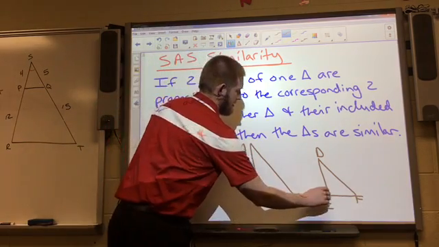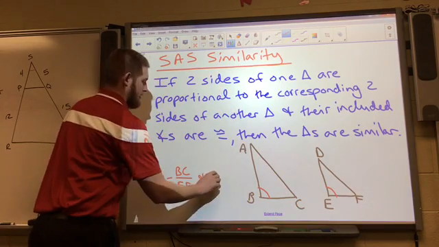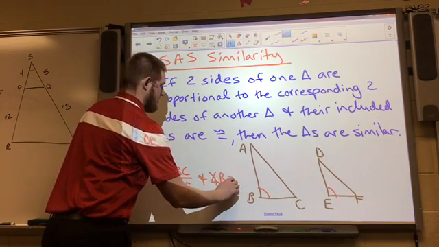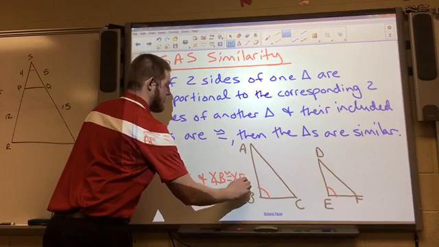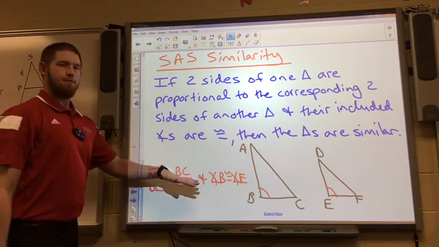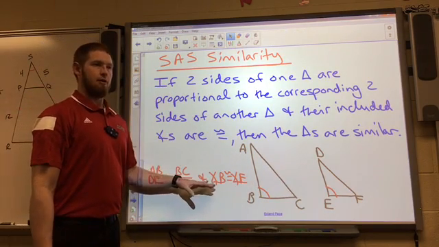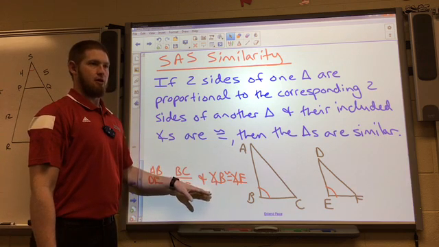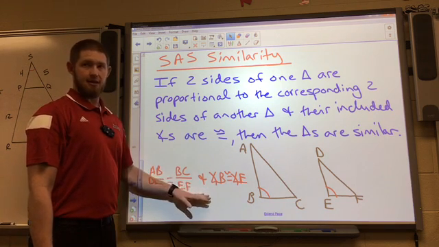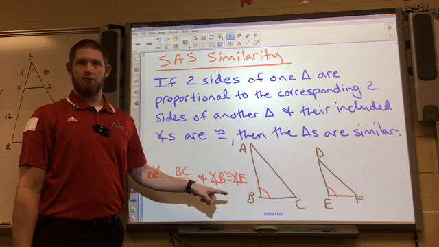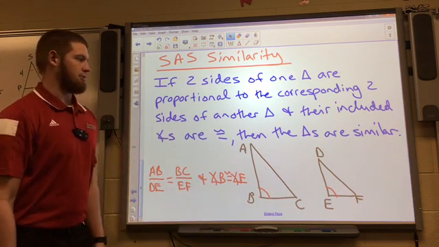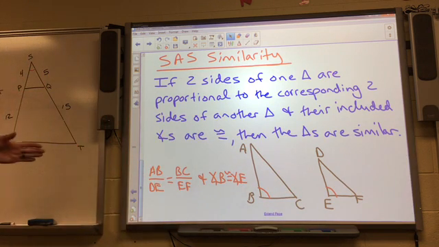B and E. So angle B is congruent to angle E. If this is the case, now that doesn't mean it has to be the case, right? If it is the case, what do you know about the two triangles? Then they're similar. Do you have to have that angle in the middle, in between them? Yes. That's very important for side angle side.